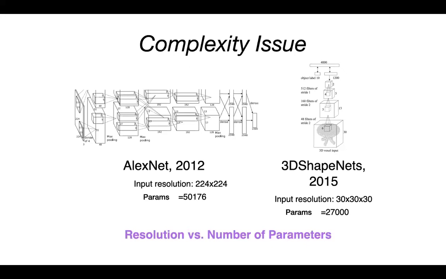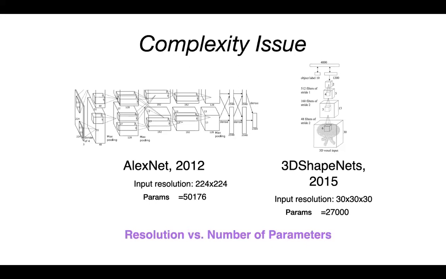And here this typical 3D convolutional neural network with resolution 30 by 30 by 30 has almost the same number of parameters with 10 times less resolution.